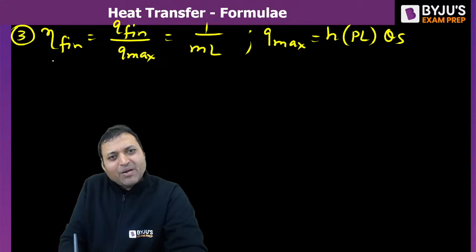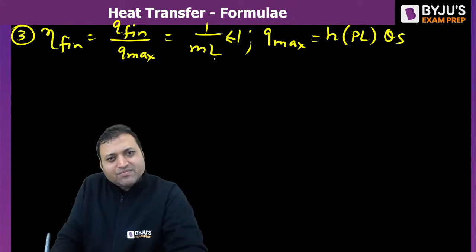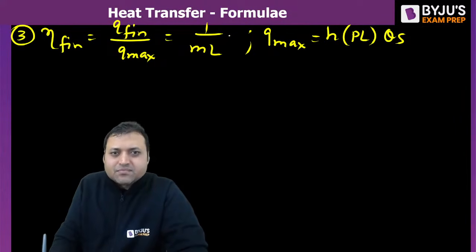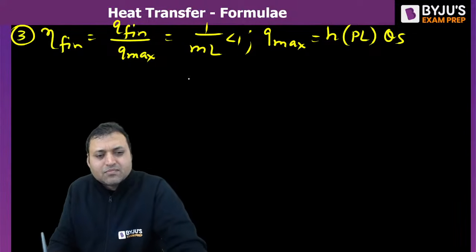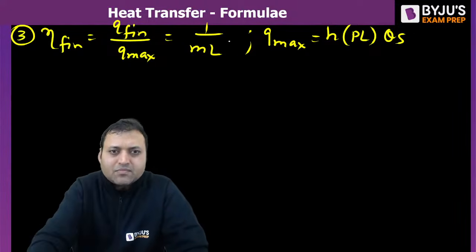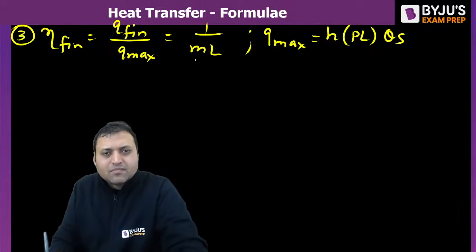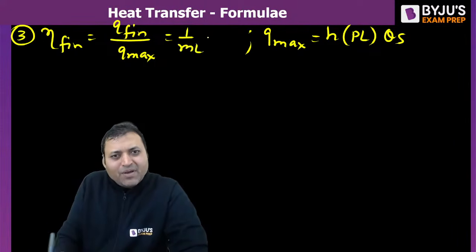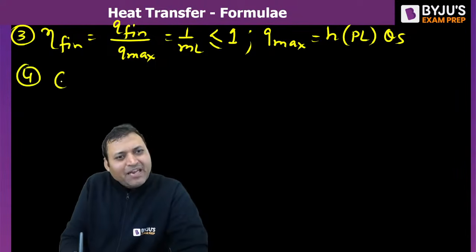That is called thermal performance, and efficiency of the fin is always less than 1. Fin efficiency is always less than 1, 1 upon mL, which is less than 1. Maximum is 1.